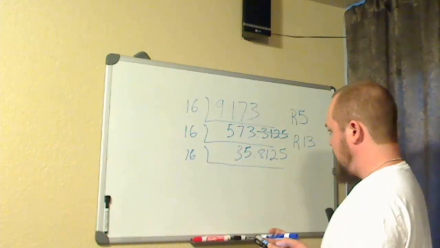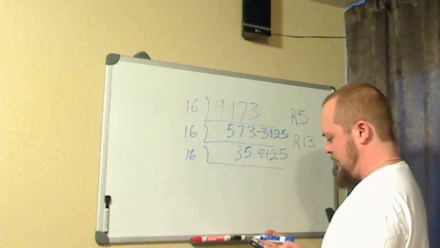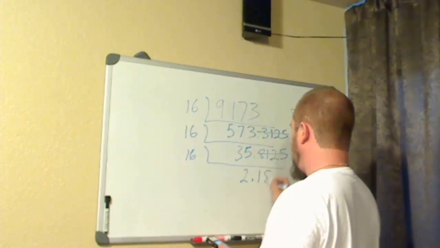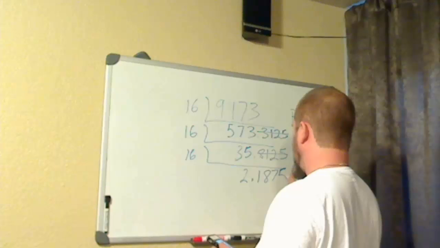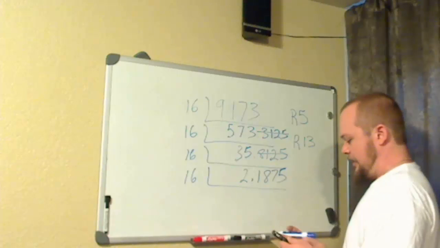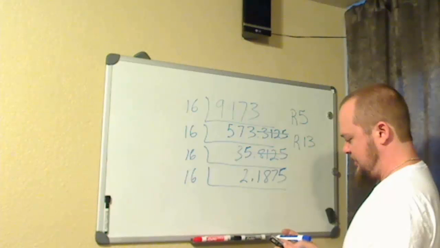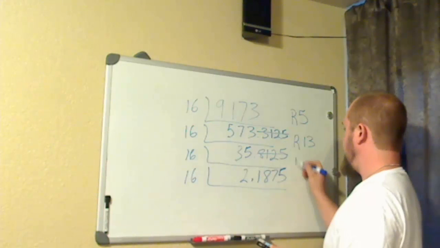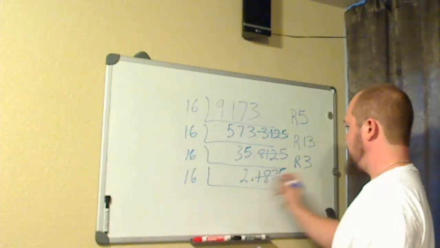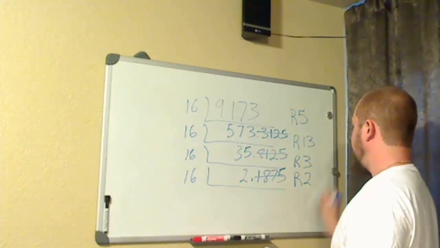35, remember we don't use the fraction, just the whole number, divided by 16 is 2.1875. And 0.1875 times 16 is a remainder of 3. And 16 cannot go into 2, therefore we have a remainder of 2.